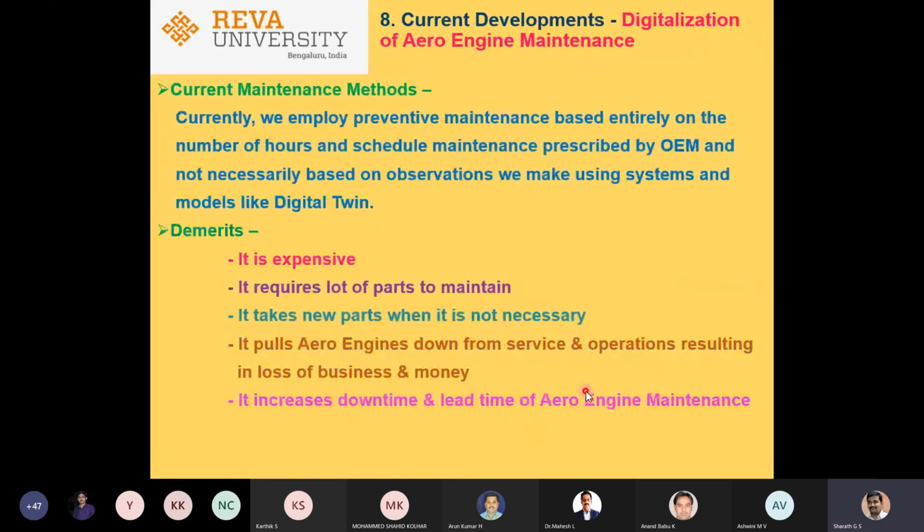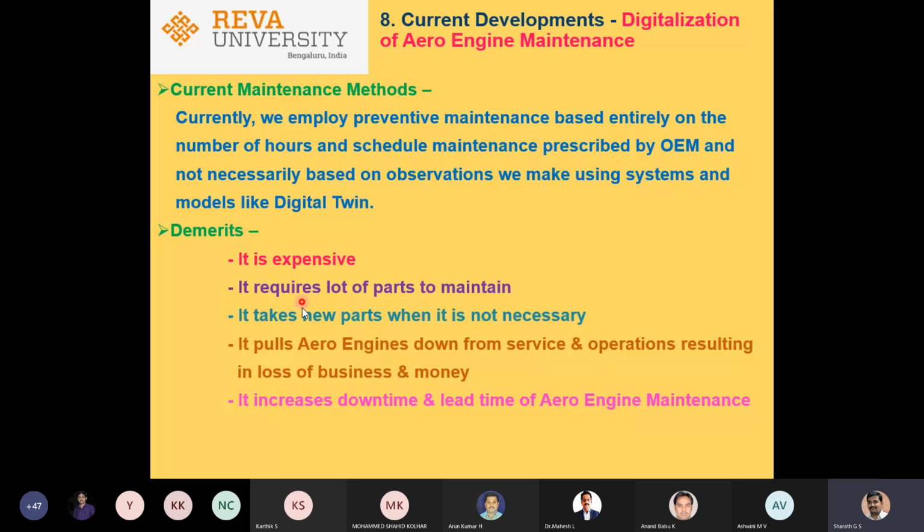The current maintenance model is purely based on the number of hours. So it is carried out at scheduled intervals, and as I said, we need to take the engine out several times during its course of life. What are the demerits of it?